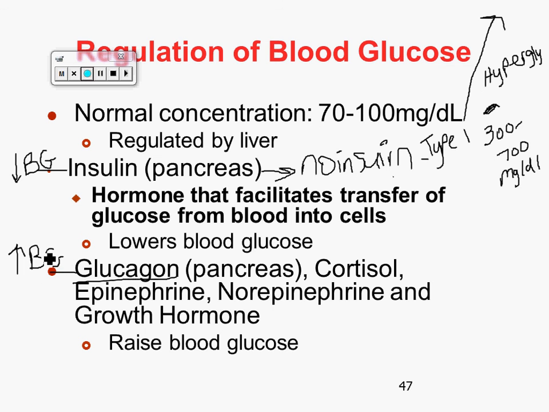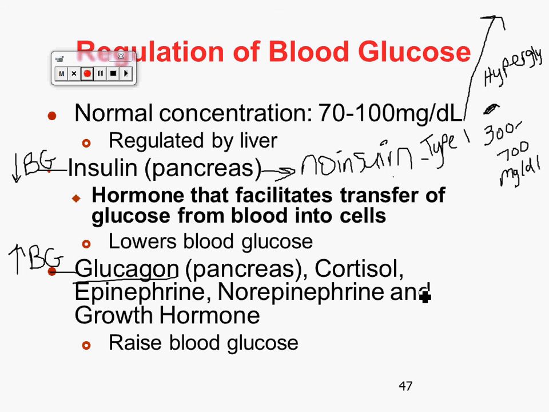So this is the one that tells your liver to release glucose into the body. So maybe you didn't eat all day. Do you think the pancreas is making and releasing a lot of glucagon? Yeah, to keep your blood glucose in normal range. Okay, so normally we don't worry about it. Our body's taking care of things. But again, if we're not in control, then these issues can come up.